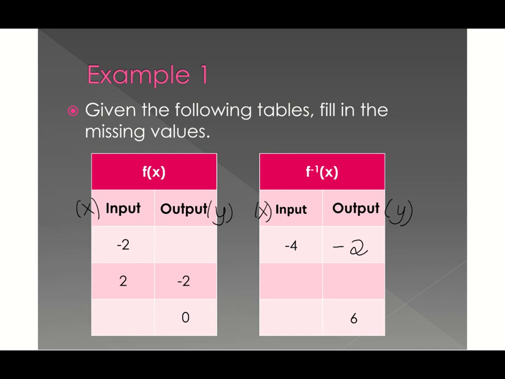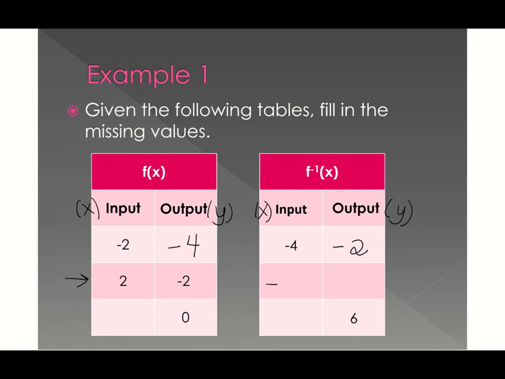So if we have an x value in our inverse, it becomes the y value of our original function. So if we had 2, -4, it becomes -4, -2. So if we look at our next point here, if we have 2, -2, we have our x and y. If we flip those, it becomes our inverse.